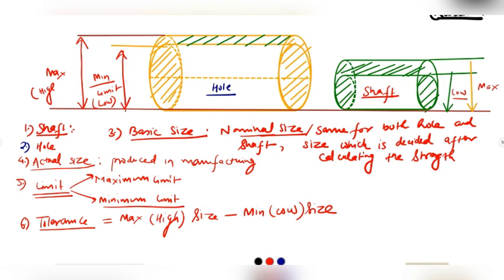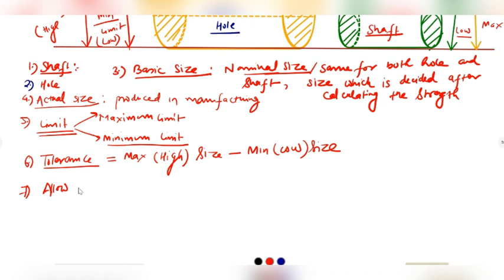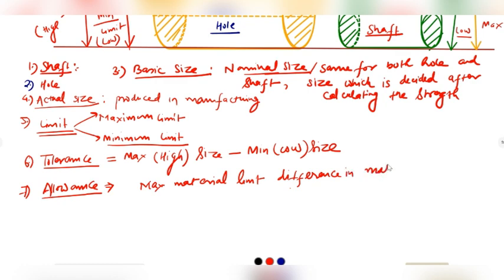Next very important term is the allowance. What is allowance? Allowance is the difference between the maximum material limits of the mating parts. What does it mean? It is the maximum material limit difference in mating parts.